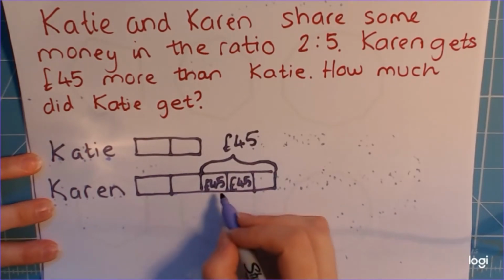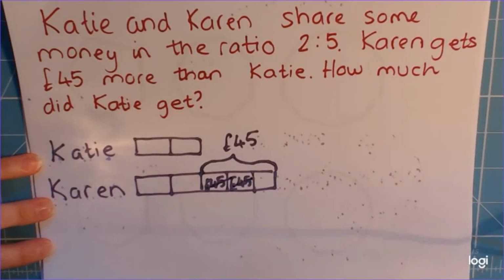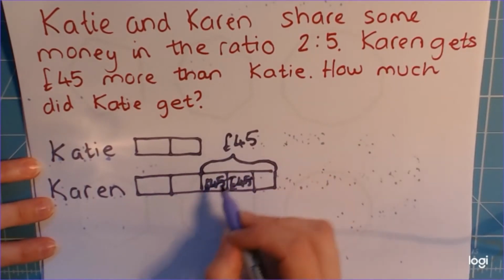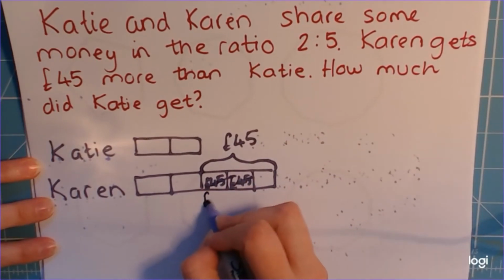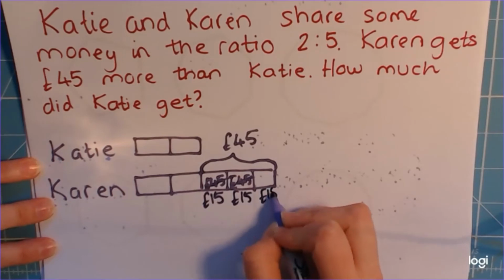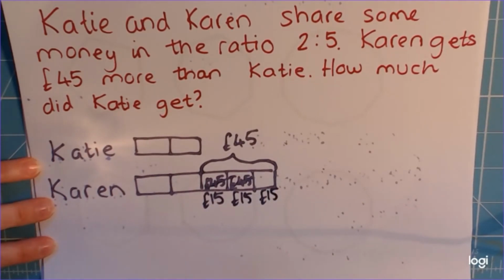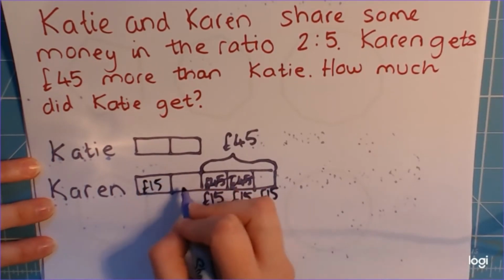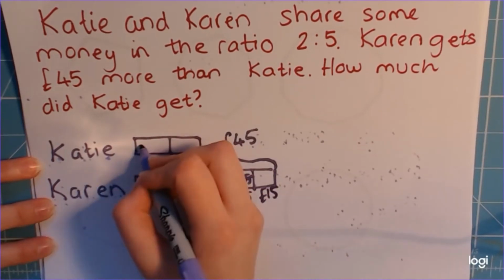So let's just ignore those. Here I am showing you the mistakes so you don't make them. So 45 divided by 3 tells us there should be £15 in each box. 15, not 45. Please don't do that. So 15 in each.